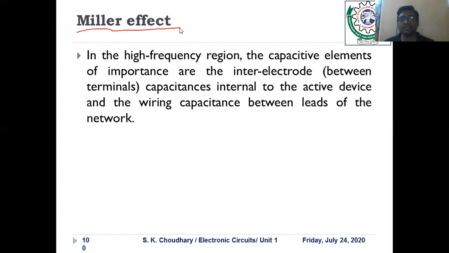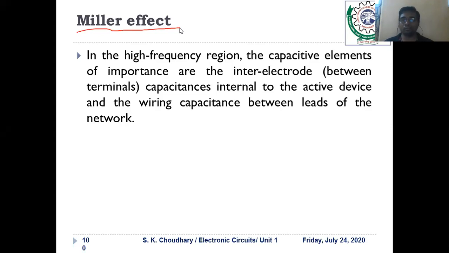This theory is valid for MOSFET based, BJT based and JFET based amplifiers. For all three kinds of devices, this theory is common. So first we learn this theory, and then we learn how to find FH.